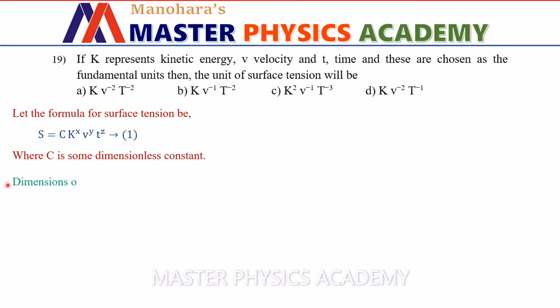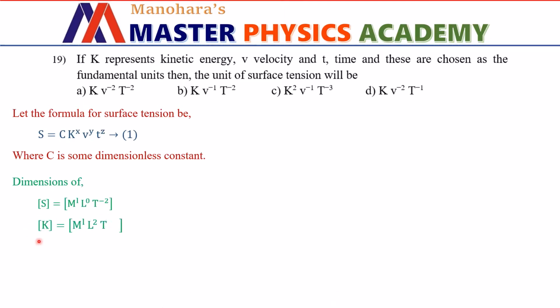We know that the dimensions of surface tension are M1, L0, T power minus 2. Dimensions of kinetic energy are m power 1, l power 2, t power minus 2. Dimensions of velocity are m0, l1, t power minus 1. Dimensions of time are m0, l0, t power 1.